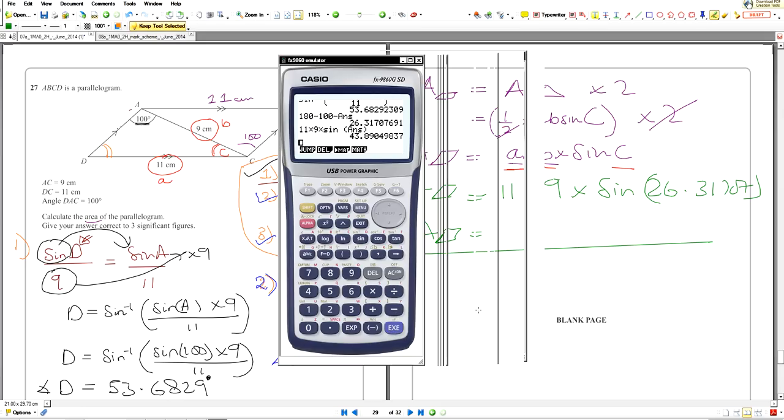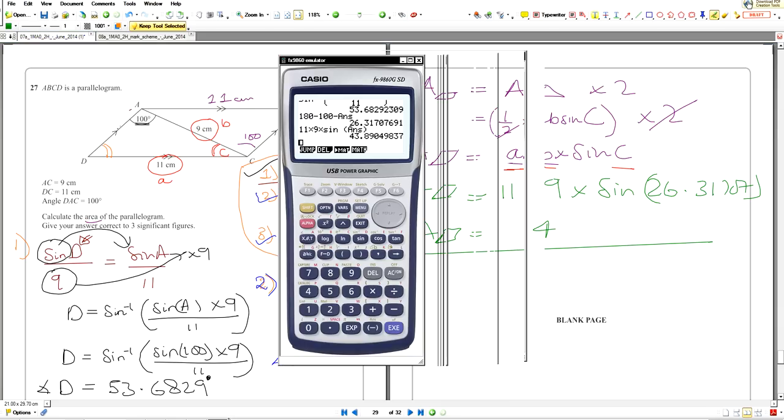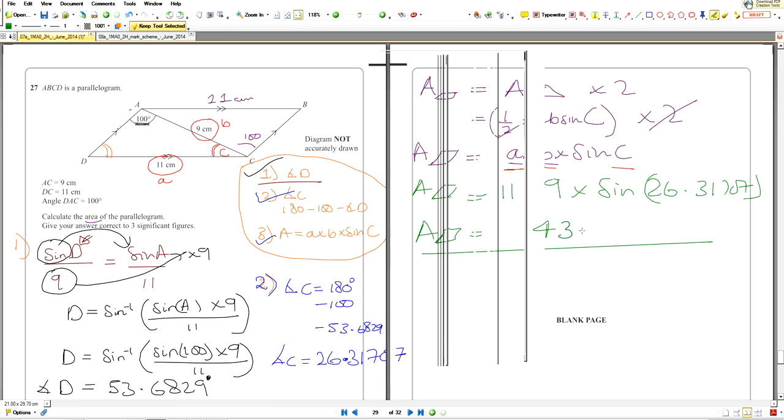So that gives us our final answer. The area will be 43.89, 43.8904. Now the question says give it correct to 3 significant figures.